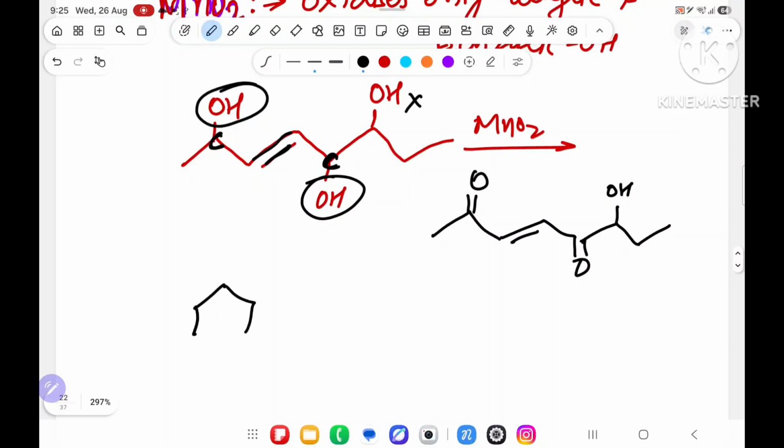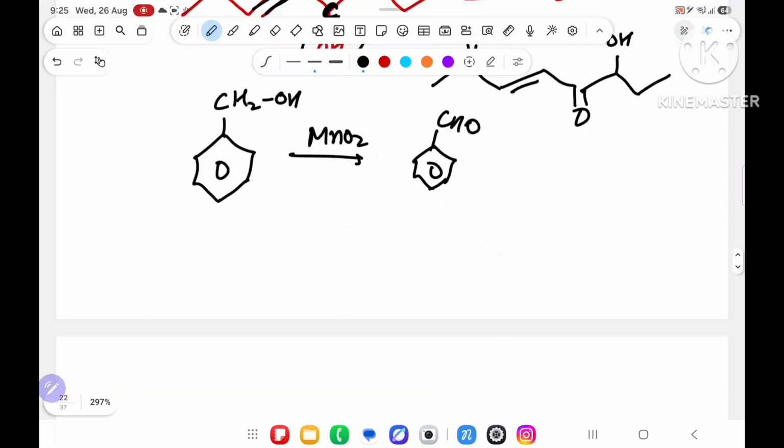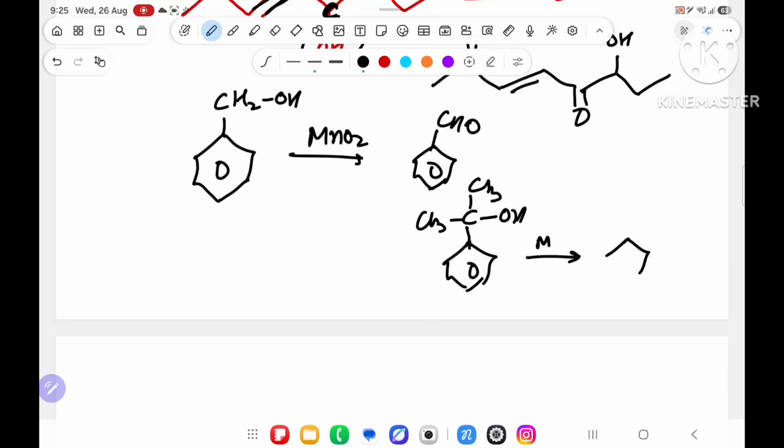Benzylic means, suppose I have given like this: over here we have CH2OH and I have taken MnO2. This is benzylic alcohol. It will convert into aldehyde, not ketone. Suppose over here CH3 and OH, and MnO2 is taken.